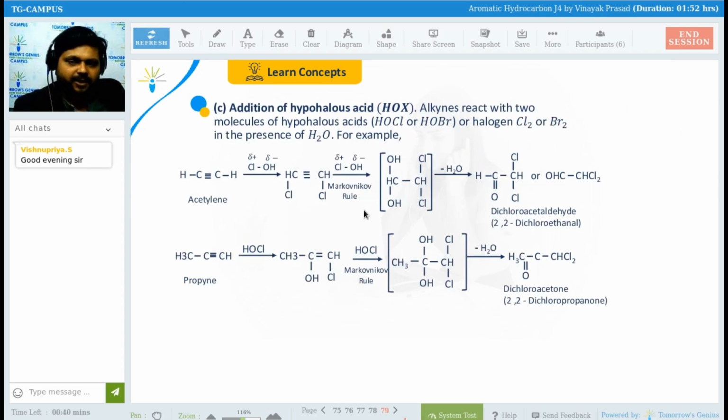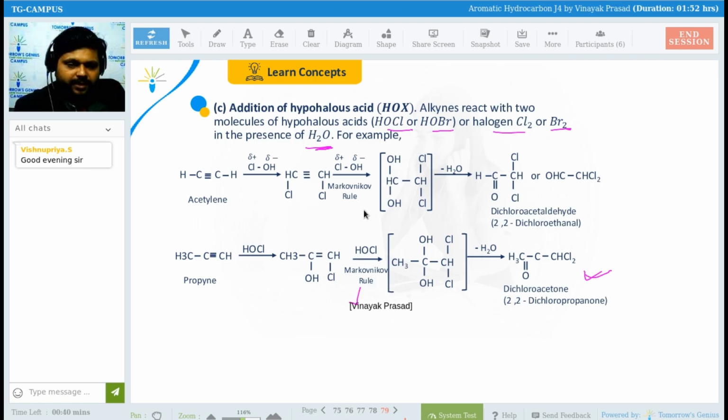Now, addition of hypohalous acid, that is HOX. Alkynes react with two molecules of hypohalous acid, HOCl and HOBr, or halogen Cl2, Br2 in the presence of H2O. So we'll be getting dichloroacetone in this case.